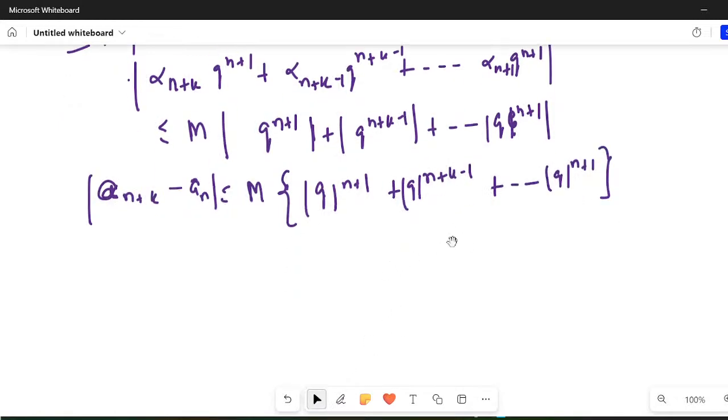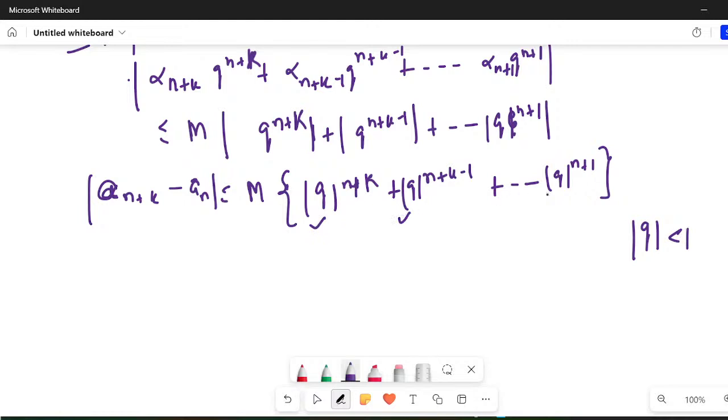Now if you see slightly, there is a mistake. This is n plus k, then you will have n plus k minus 1, and at the end you will have q raised to power n plus 1. If you think slightly about this, what is this? You know that mod q has been given to you to be less than 1.